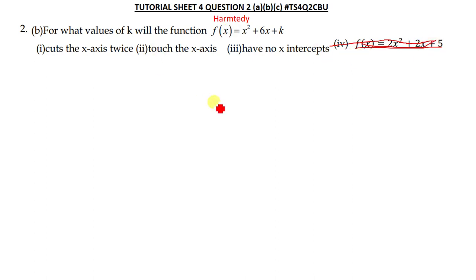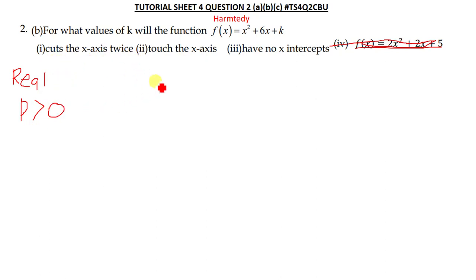So for the first part here, when it cuts the x-axis, meaning it has real roots. So what happens when an equation has real roots? It means that the discriminant is greater than 0. So they are asking us, for what values of k will the function f of x, equal to that, plus k, cut the x-axis twice?